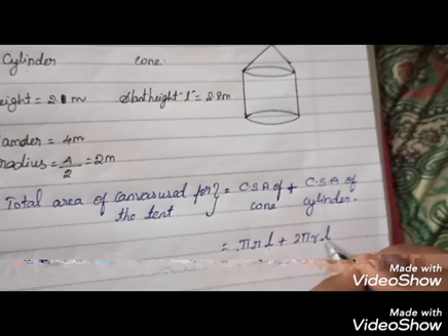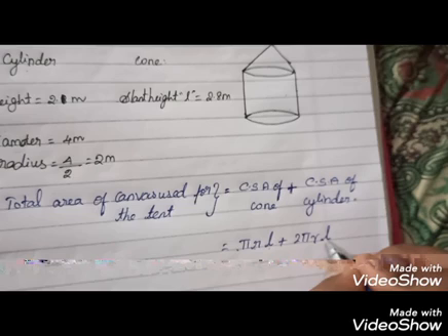Now normally you have to multiply the values and add the values. 22 by 7 into 2 meter into 2.8 plus 4.2.